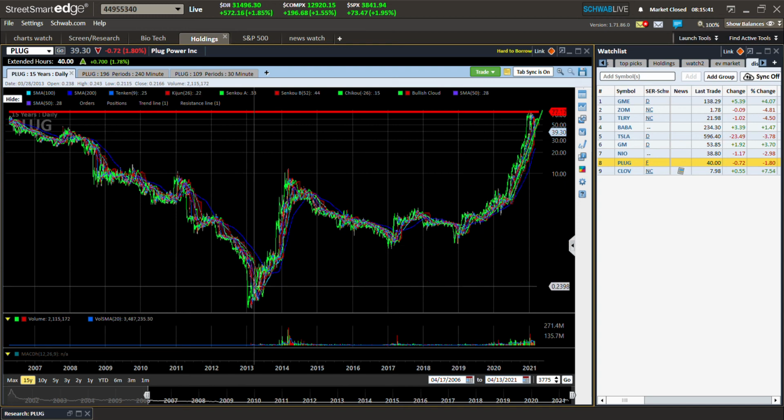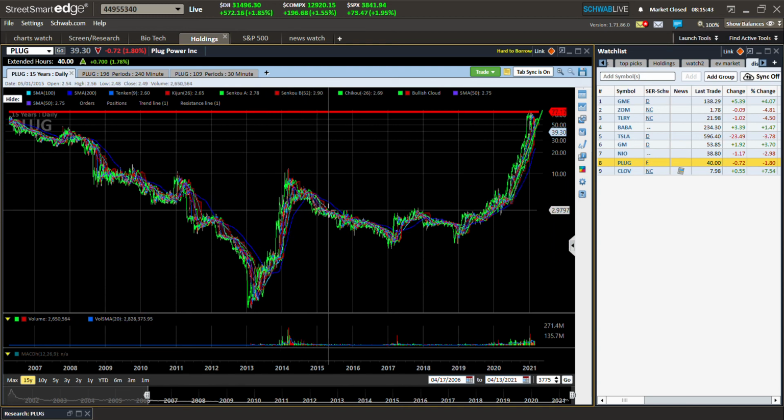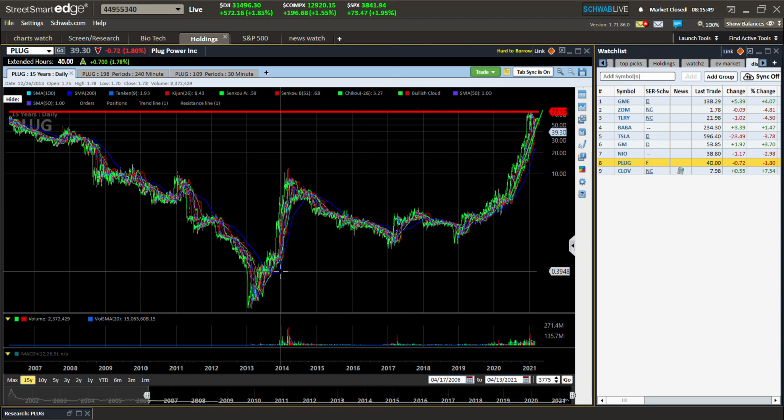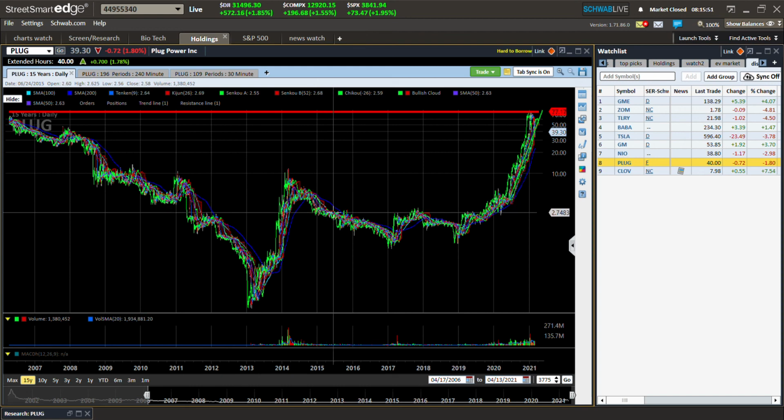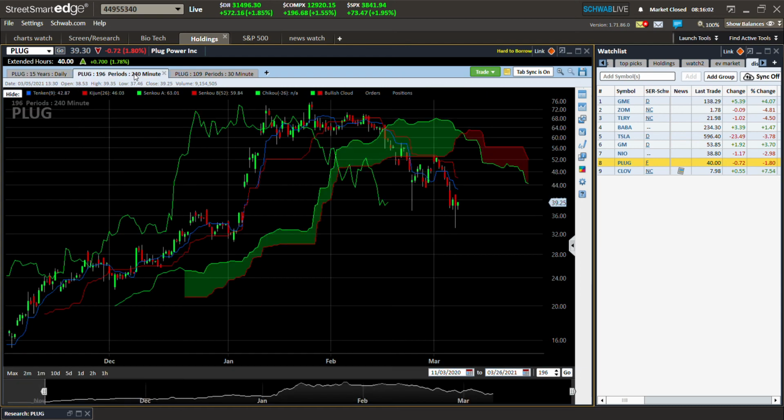You get these huge pumps, and then it can bleed off for years. And now we're all the way back at the top of the range. This could be considered kind of a V bottom, or no, I think it's just overdone. This trend is too steep. Oh, I'm short that one as well.